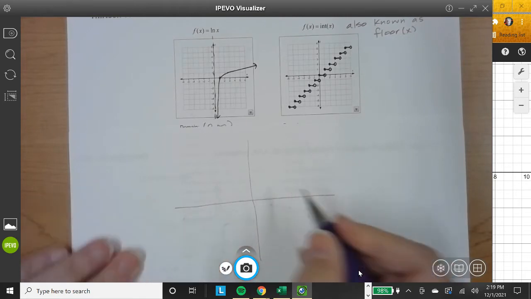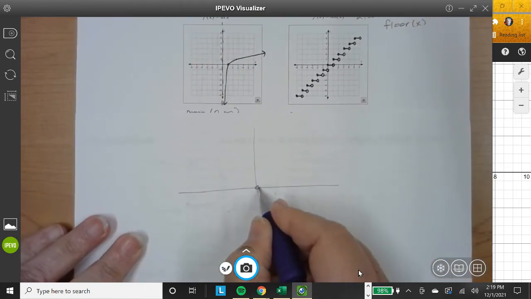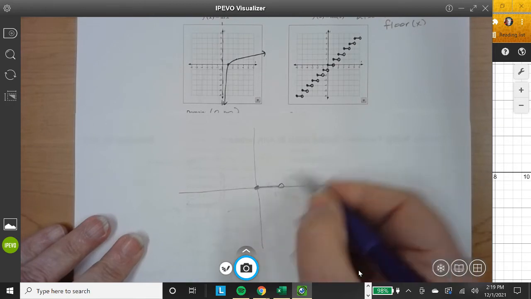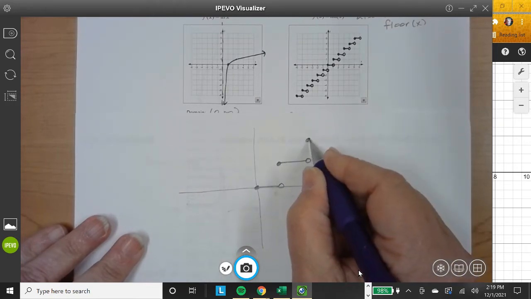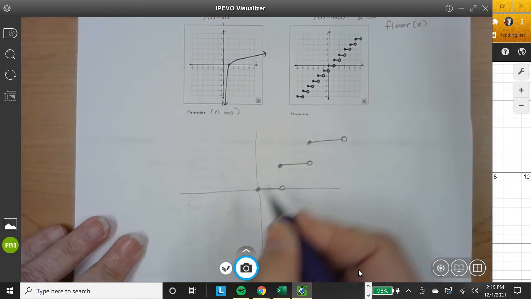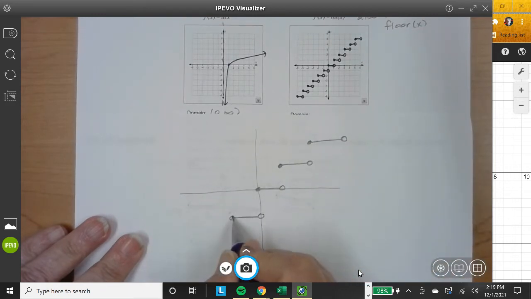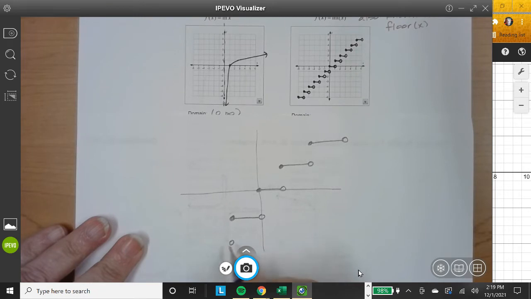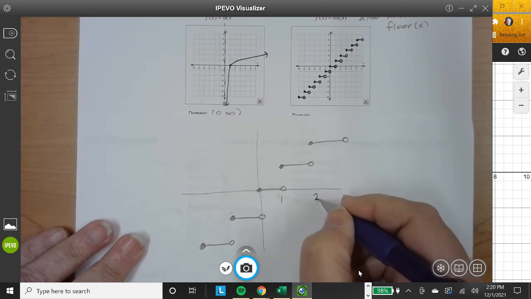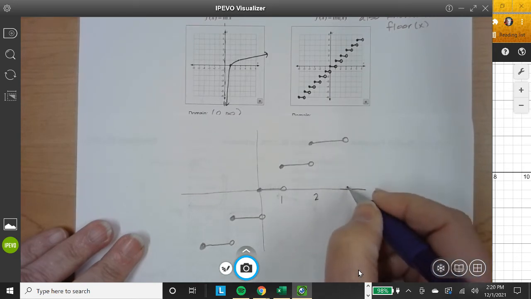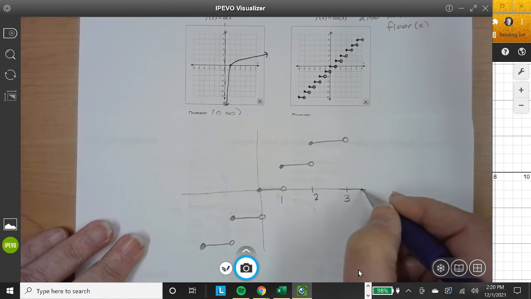Zooming in, really zoomed in here. So this is going to be 0, and this is an open dot. At 0, I have a closed dot and then open, closed dot, and then open, closed, open, closed. It's like a set of stairs. And these are all integer numbers, which are nice numbers. Most students love integer numbers.